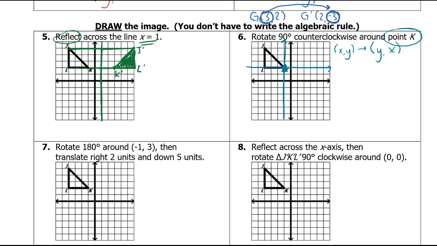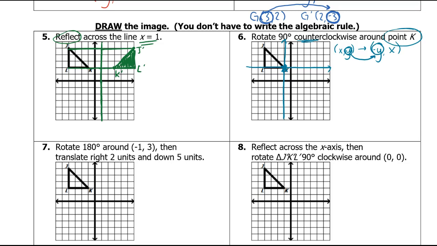Our clockwise rotation was y, negative x, and now this counterclockwise rotation is negative y, x. So the old y coordinate switches signs to become the new x coordinate, or first coordinate. Point K is right there at our fake origin at the star, so K prime hasn't gone anywhere.